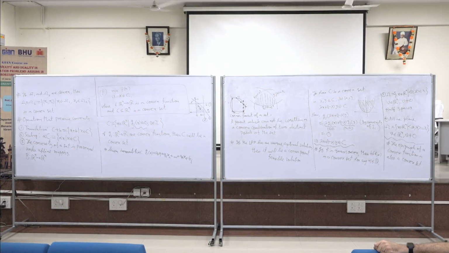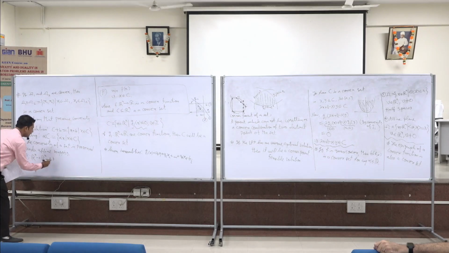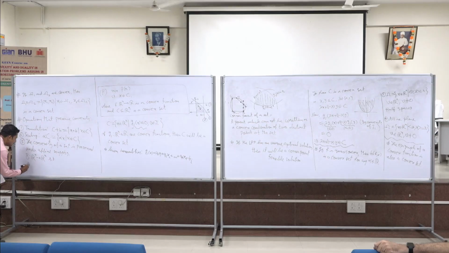So suppose we are in Rn, and by using slack and surplus variables, we are changing the dimension of the feasible region, from Rn going to Rm. So this is a type of transformation. This transformation will be affine if we can write B of x is defined as Ax plus B.